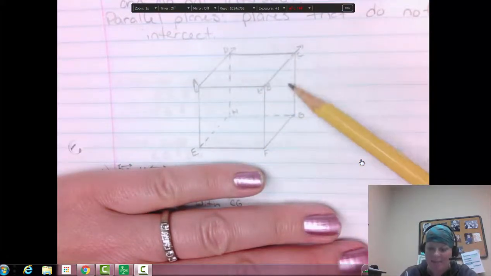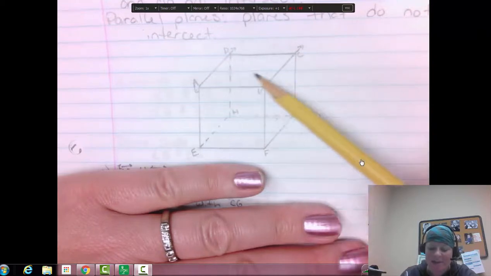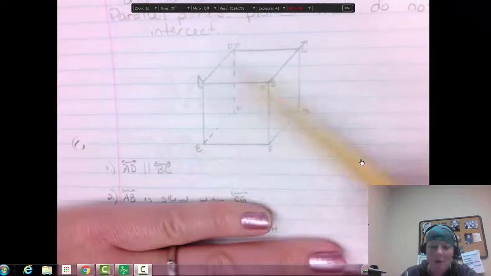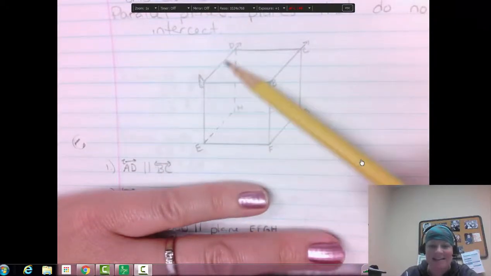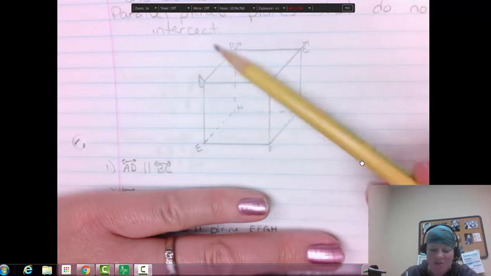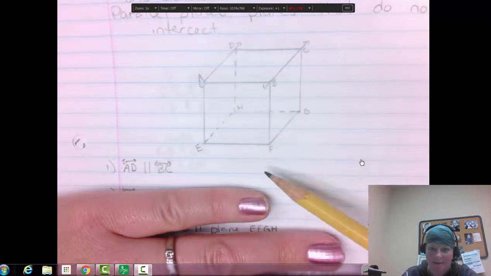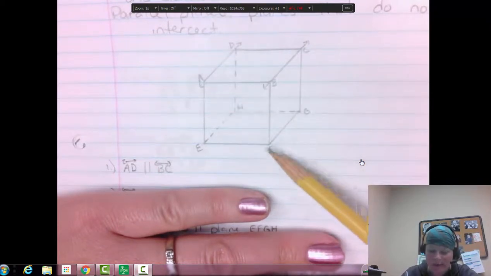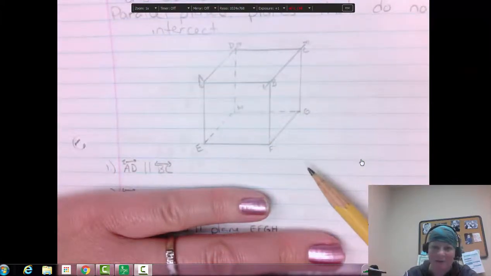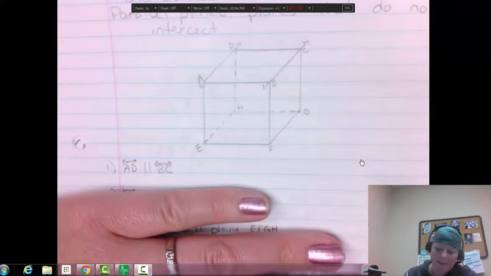Well, line BC, right? They're on the same plane. So AD is parallel to BC. What else is AD parallel to? It's parallel to EH because these two would be on the same plane. It is also parallel to FG because you could draw a plane you could see at the diagonal.